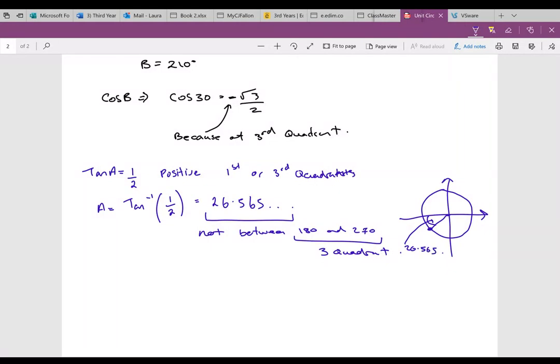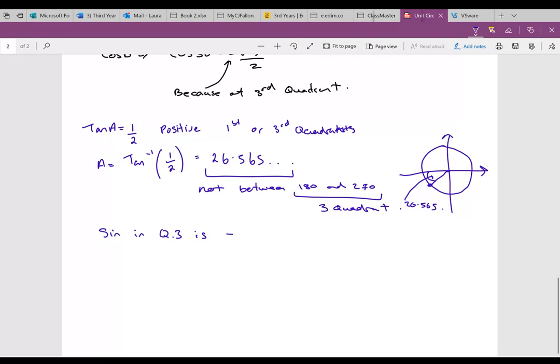But this is still my reference angle for sine. So first of all, sine in this section is negative. Sine in Q3 is a minus. So I know my answer is definitely going to be a minus.